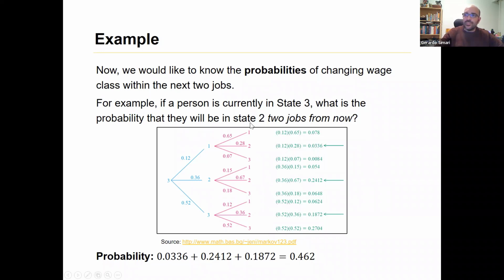And I'm interested in what's the probability of reaching state 2? So here with the arrows, I have ones where I end up in state 2. These are just multiplied, by the way, because they're independent, right? And I can just sum them and get this value, a little bit less than 50% chance.